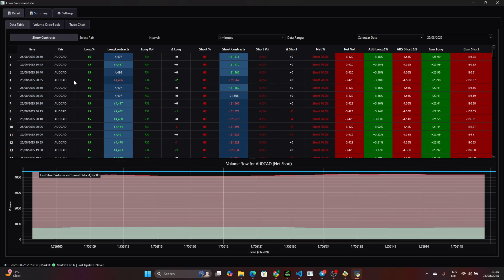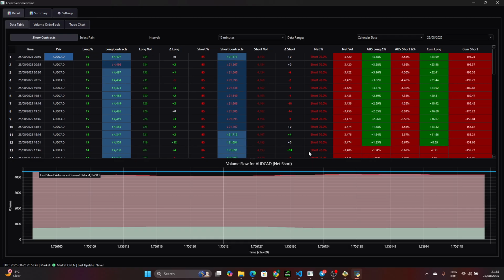So in this example, we have AUD CAD on a 5 minute interval. Let's select 15 minutes for a better view here. Just quickly explain this: when you see the volume changes here, this is very important. The reason I brought it here is because some people might be really lazy to switch between the tabs to read this data.